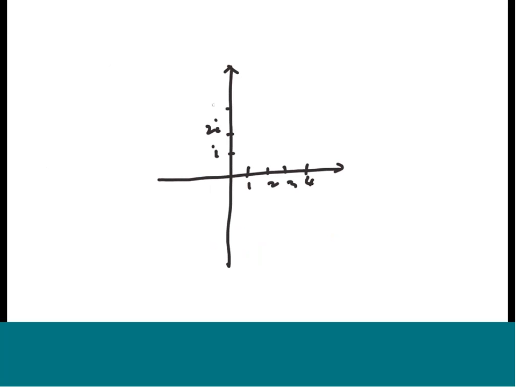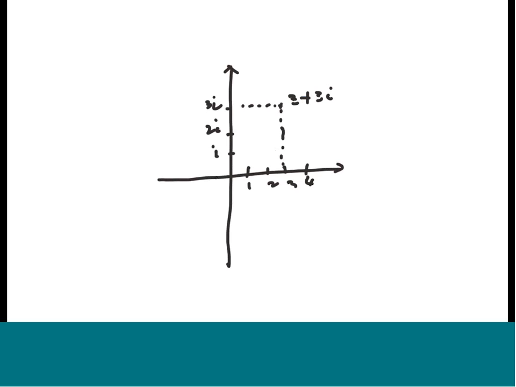You make a complex plane like this. So 1 is here, 2 is here, 3 is here, 4 is here. And here is i, okay? Here is 2i. Here is 3i. So for example, this point is going to be 3 plus 3i.